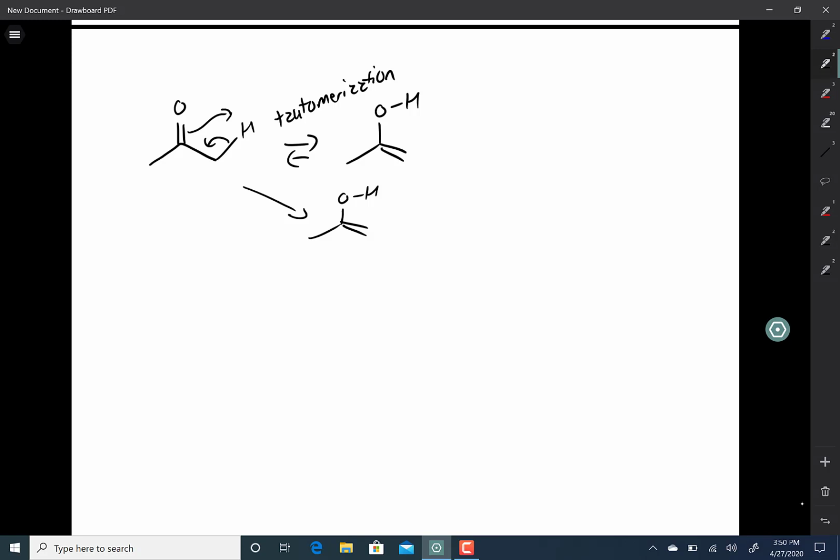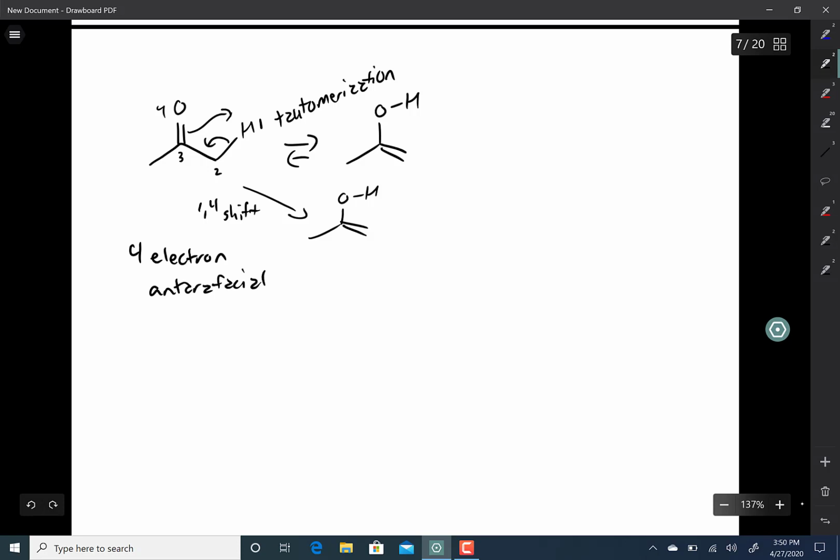Well, because then that would be a 1, 2, 3, 4, a 1,4 shift, but it's a 4-electron process. A 4-electron process is antarafacial, and this is too small for an antarafacial reaction.